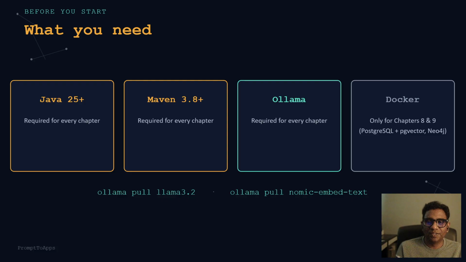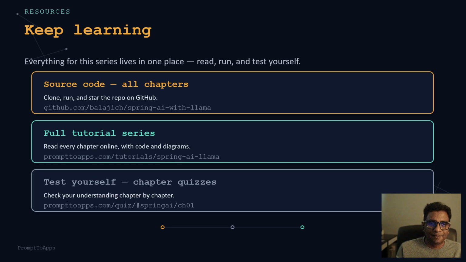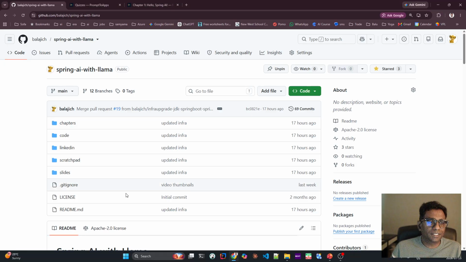All you need is Java 25, Maven, then Ollama and Docker to run the vector store and graph stores. Those are the things you need. The source code for this entire series is in a GitHub project, so let me walk you through it.